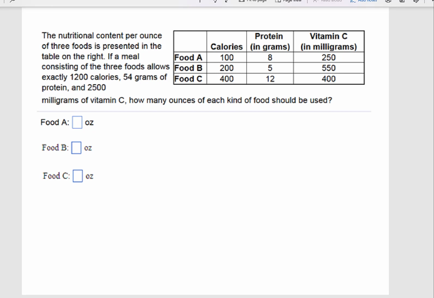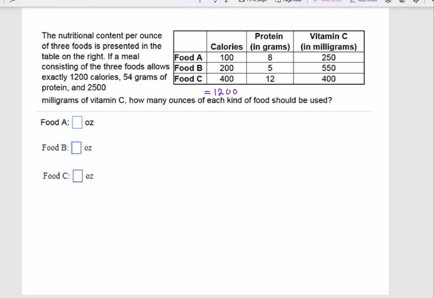All right, a word problem. This chart can be a little bit confusing because you'll naturally want to set up your rows going across the way the rows are here. But notice that in this first column, there's calories. In the second column, there's proteins. In the third column, it's vitamin C. And they're saying the total amount of calories has to be 1,200. So this whole thing added up would be 1,200.